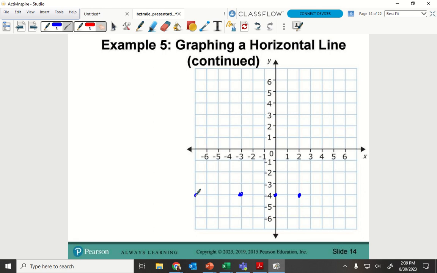So, in those type of situations, does that make sense? y value is always -4. So this is called a horizontal line. It's almost like the top of the slide. Horizontal line.